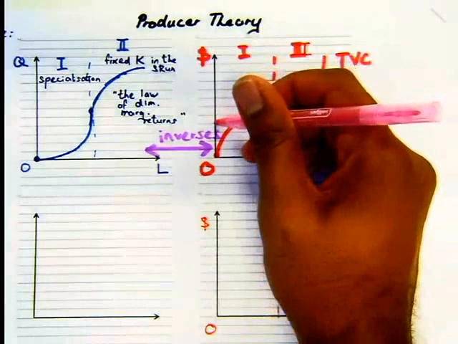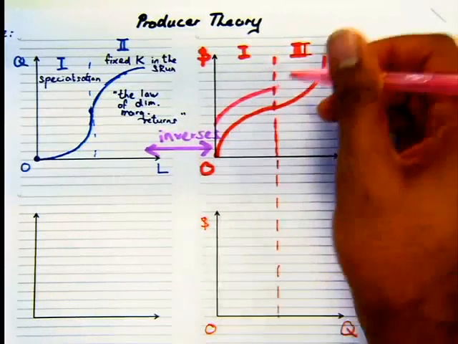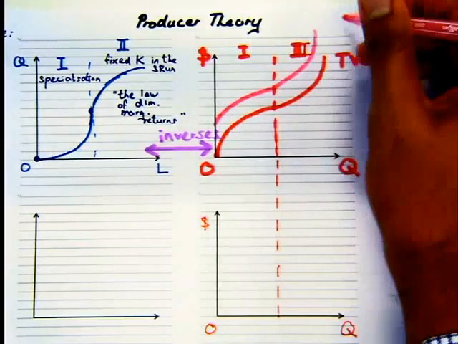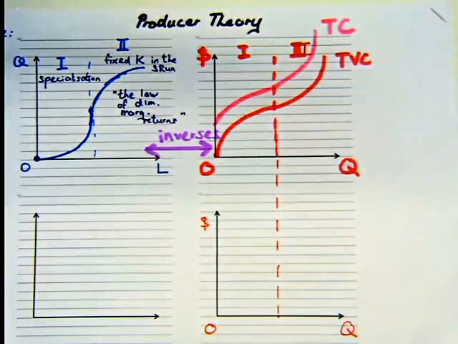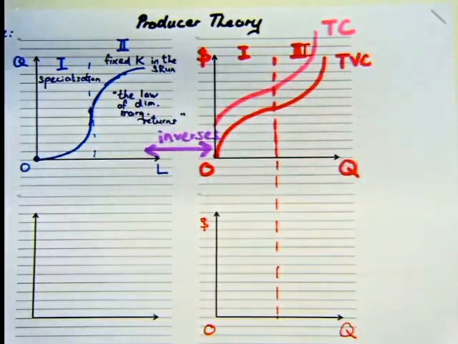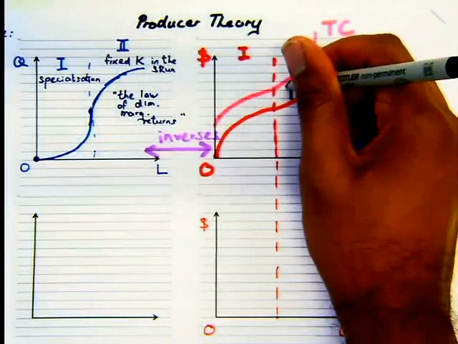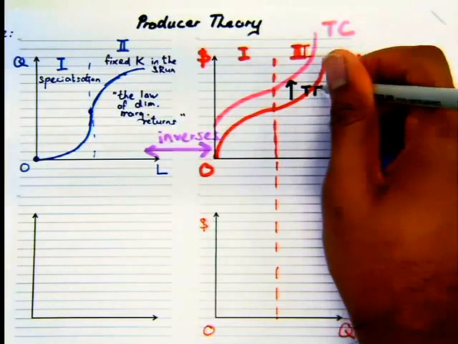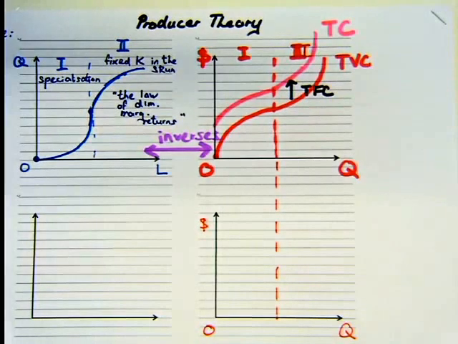It will shift upwards by the value of the fixed cost. So the difference between the variable cost and the total cost is the fixed cost.